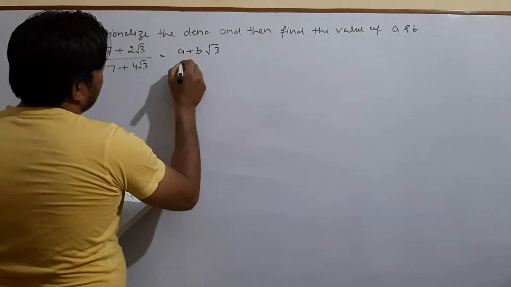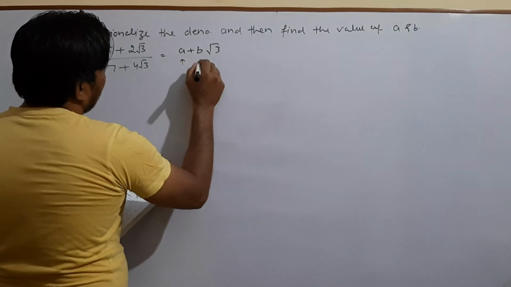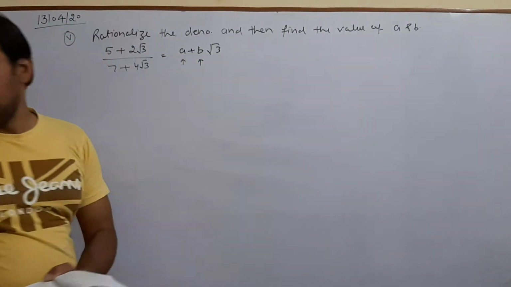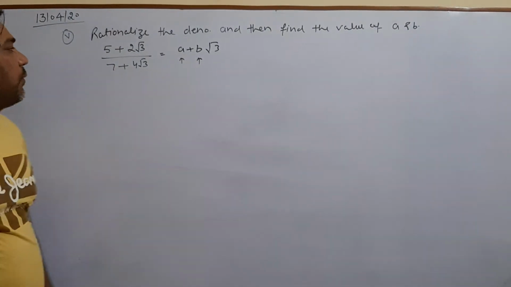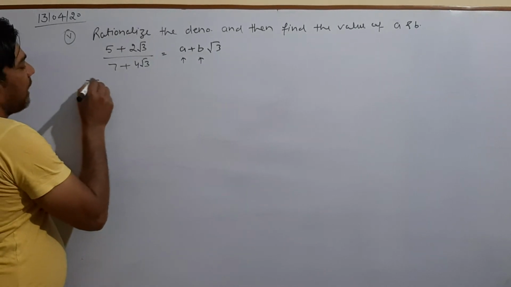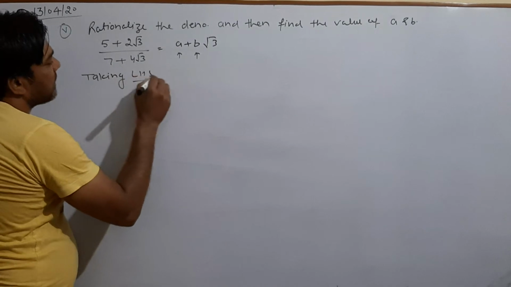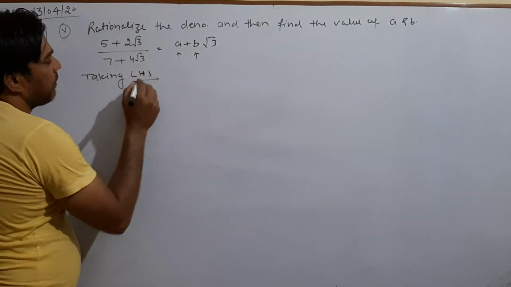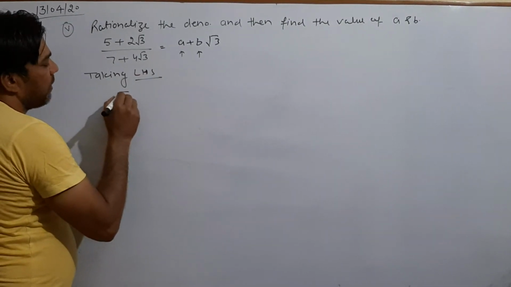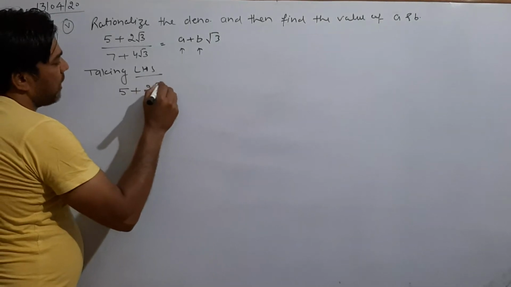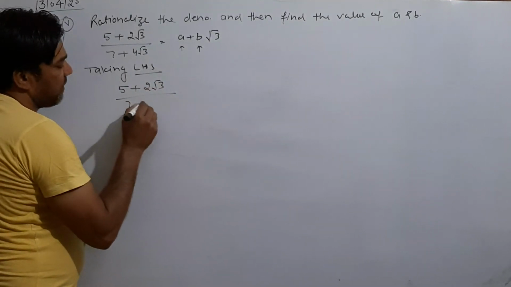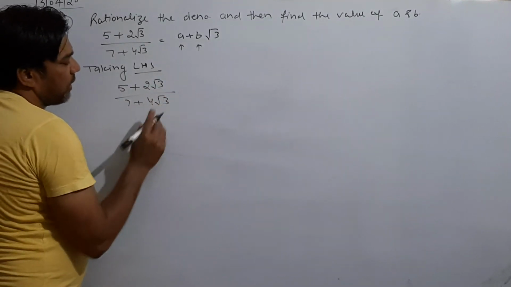So in this question, we need to find the value of this a and this b. Right? So for this, you have to take the left hand side, LHS, and solve in the same manner. 5 plus 2 under root 3 upon 7 plus 4 under root 3.